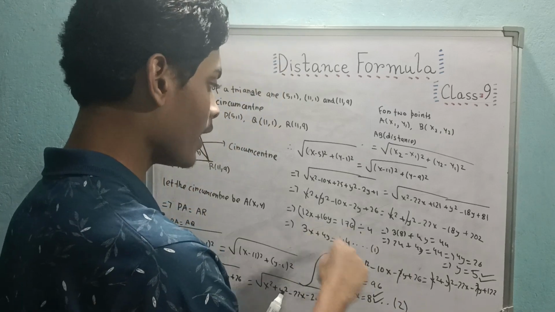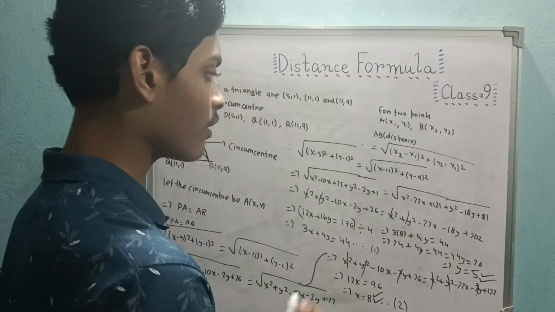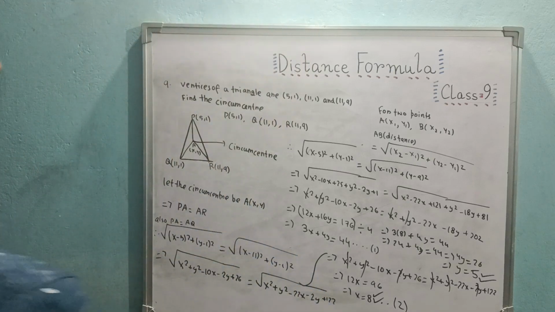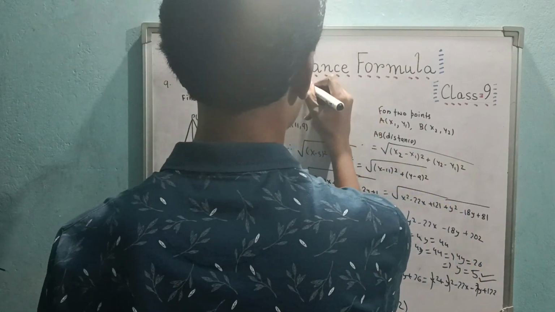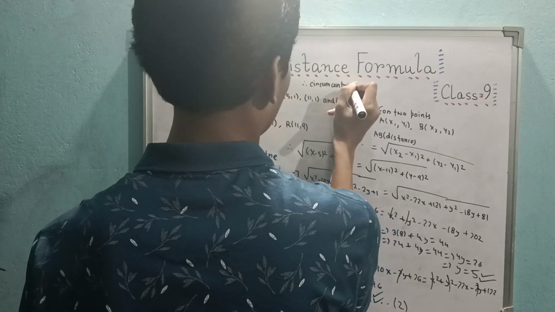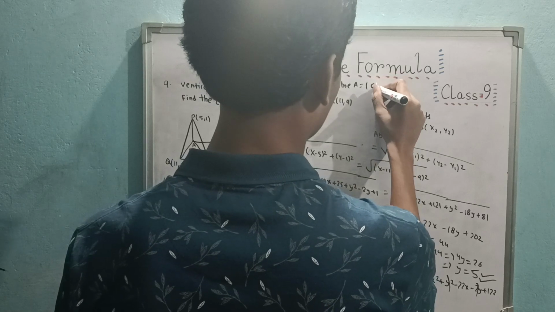So I get 3 into 8 plus 4y equal to 44. After calculating, you get y equal to 5. So I am writing here: therefore, circumcenter A is (x, y), x is 8, y is 5.